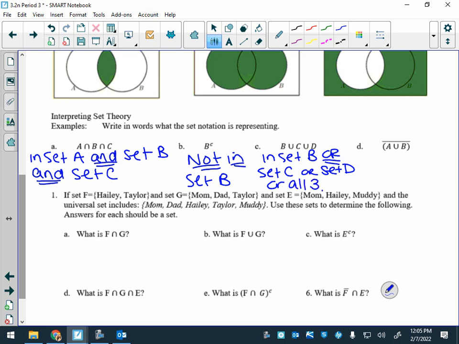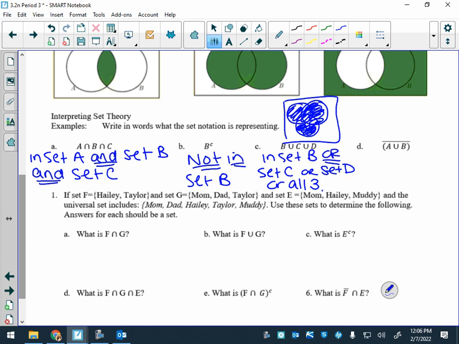If I was to do a Venn diagram so you get an idea of what this looks like, this is a three-circle Venn diagram because B, C, and D are all different sets. If it's in set B or set C or set D or all three, this is what it would look like.